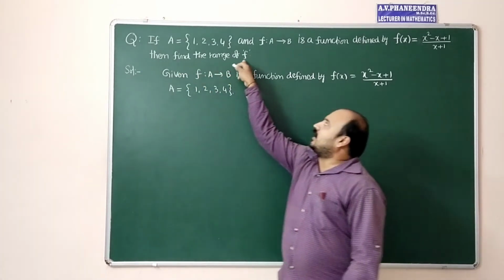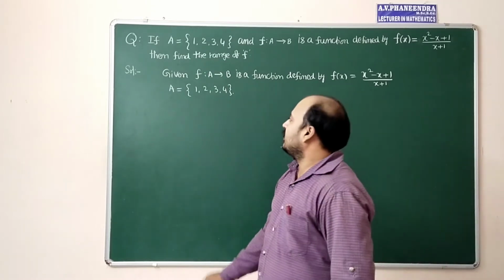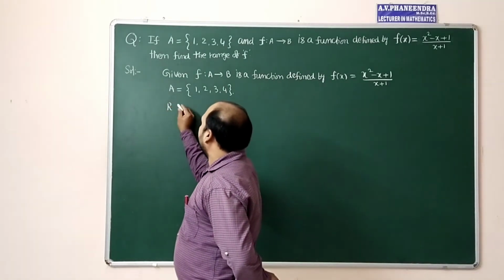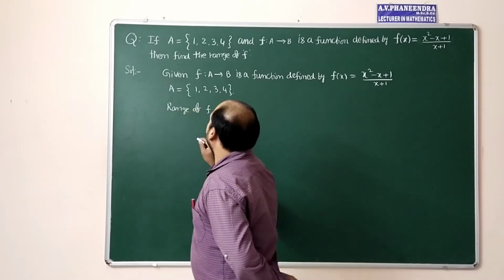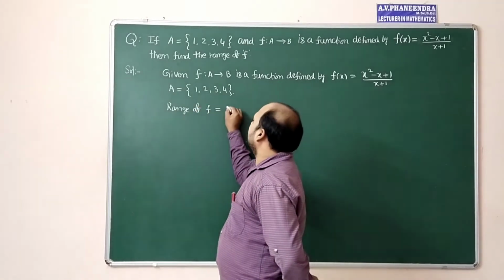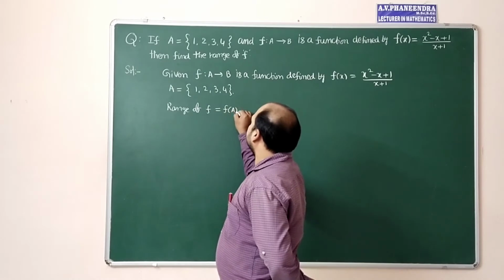They are asking to calculate the range of the function. The range of the function equal to codomain. Range of f which is equal to f of A which is equal to B.